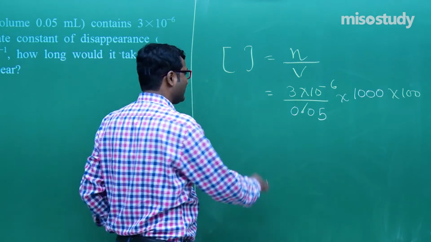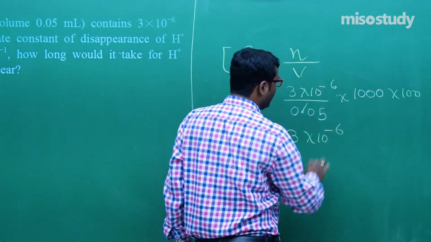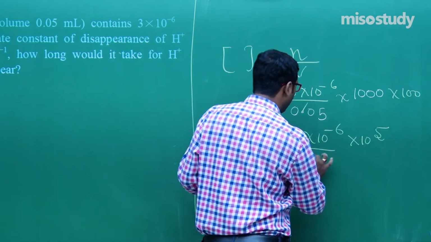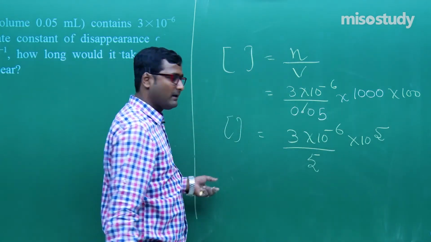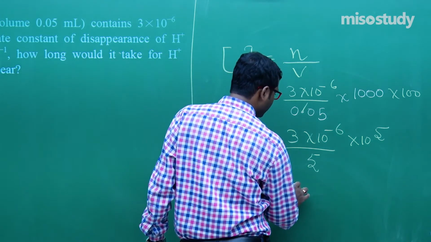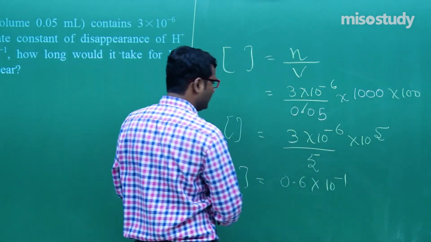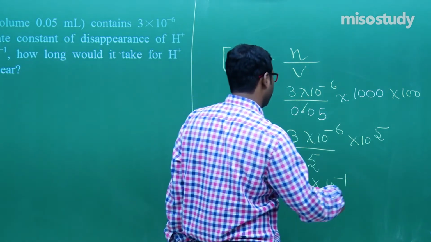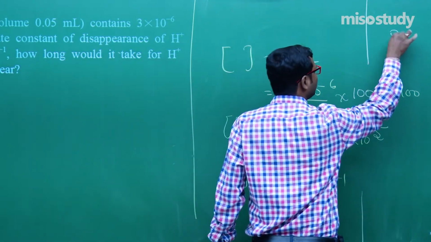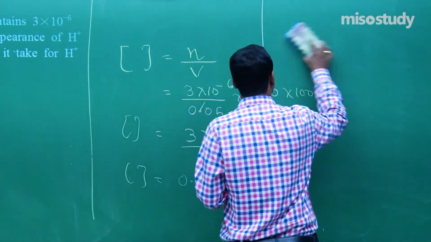So the concentration in this case is 3 into 10 to the power minus 6 into 10 to the power 5 upon 5. Clear? The concentration will be equal to 0.6 into 10 to the power minus 1. Clear to you? 3 by 5, you can write like this, 0.6.